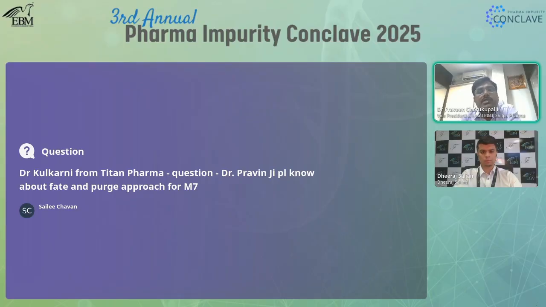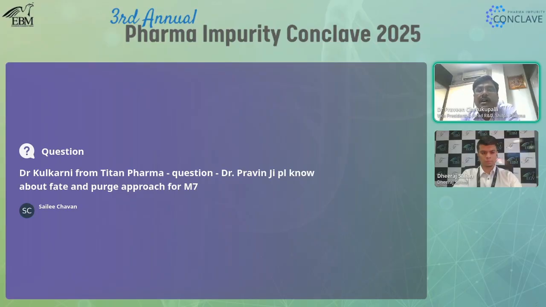A detailed paper is published by Teasdale in OPRD, Organic Process Research and Development, on what factors need to be considered for the purge factor approach. Accordingly, we can justify to the authorities.